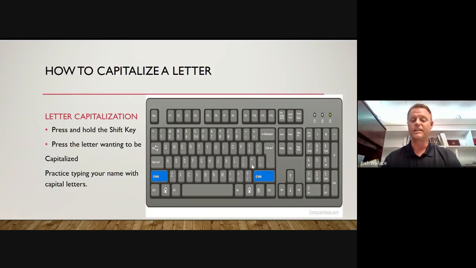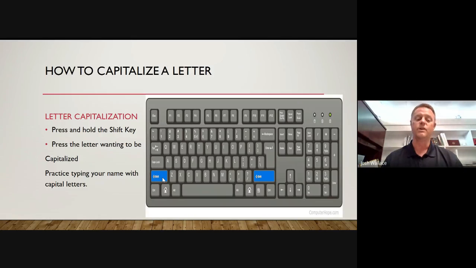All right, to begin practicing typing, and I know you all are ready to practice, to do a capital letter, you first must learn two different keys, or one key that's in two different spots. If you look at the blue keys on this keypad, and you can look at your keypads in front of you, you have a shift key.